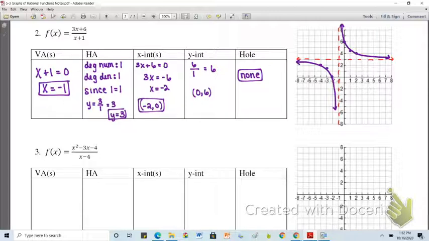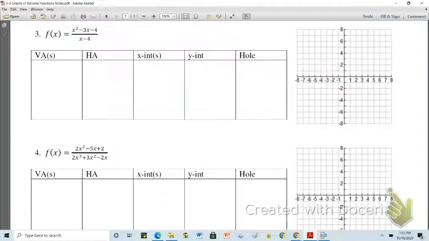So we can take a look at what our hole is. So first thing I need to do with this first one, or number 3, is I need to factor the top. When I factor the top, I get x minus 4 times x plus 1 all over x minus 4.